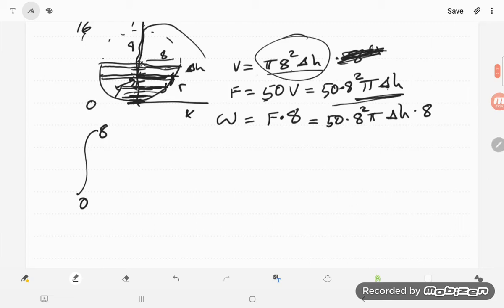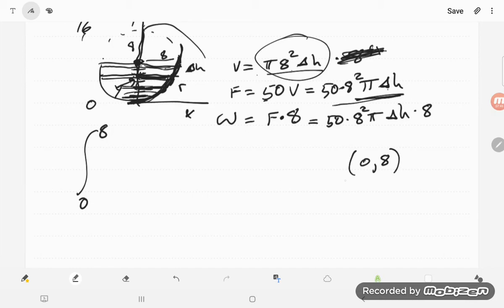They say, okay, what is this curve out here to get this radius? Well, it's a circle with center 0, 8.